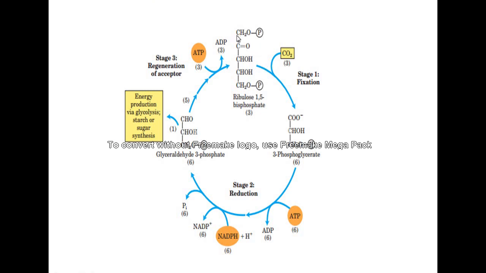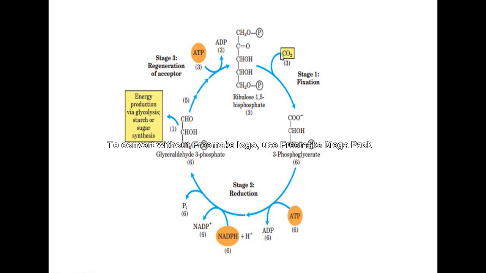So I hope you know that this is a 5 carbon compound, ribulose 1,5-bisphosphate, available in the stroma, and carbon dioxide is a gas which you get from outside sources. So this step is directly responsible for the fixation of carbon dioxide.